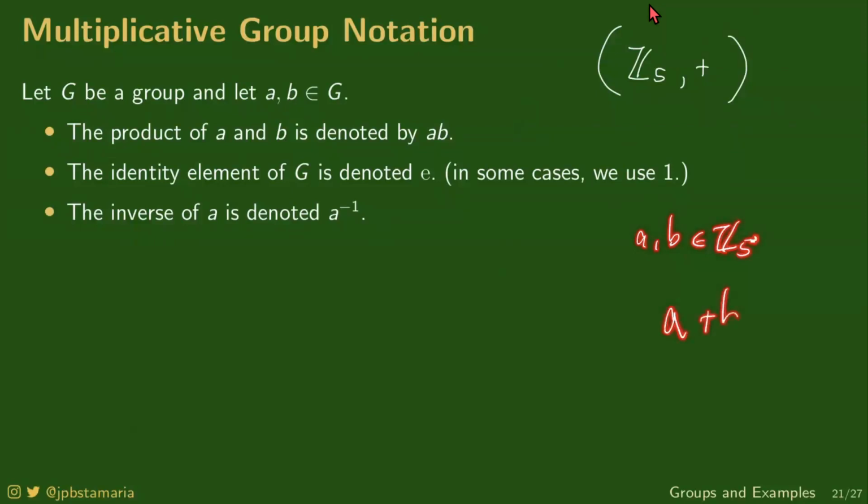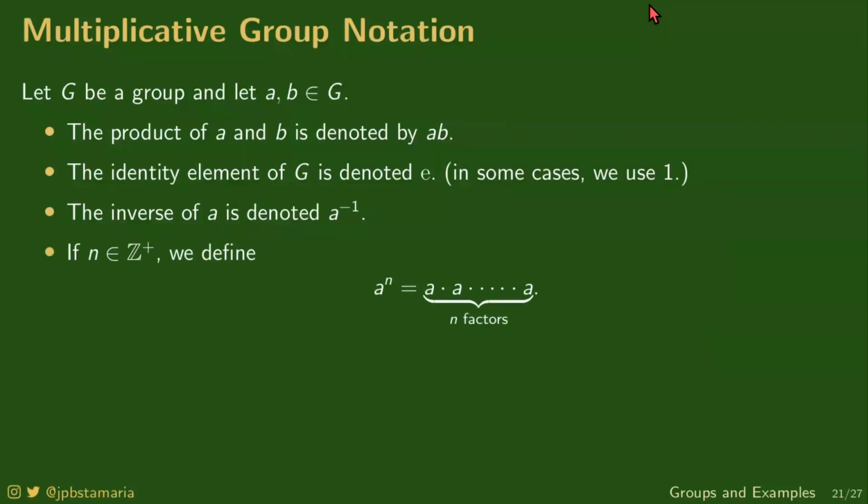Susulat pa rin natin ng A plus B para hindi tayo ma-confuse. Malalaman yan from the context. Tsaka yung inverse, hindi natin isusulat ng A to the minus 1. Rather, we will use minus A kung additive.